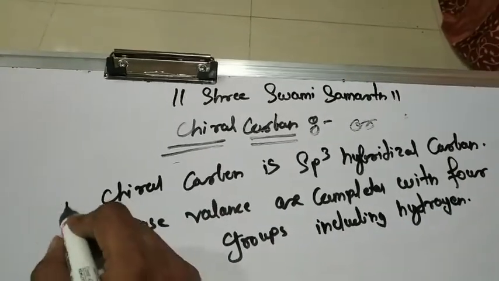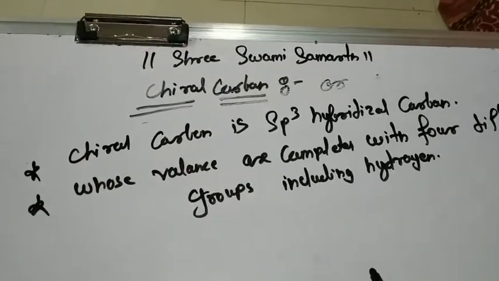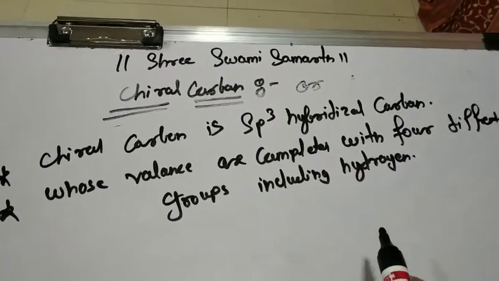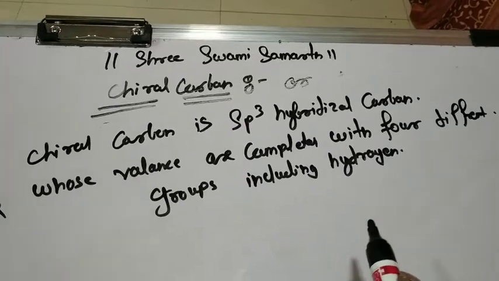So what is chiral carbon? Chiral carbon is an sp3 hybridized carbon whose valencies are completed with 4 different groups, including carbon.